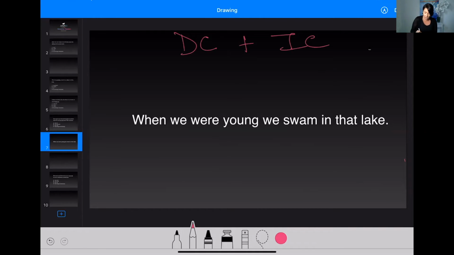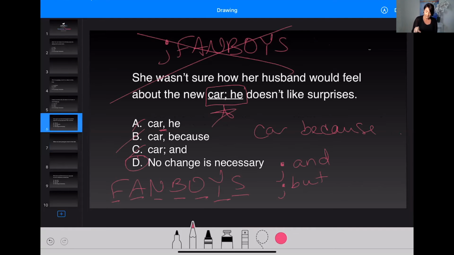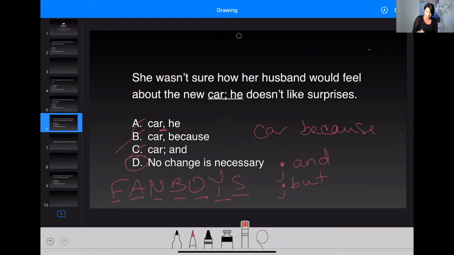Well, the independent clause is usually the thing that you can identify, and I really want you guys to pay attention to this when you're on the exam. Identifying the independent clause will help you identify correct answers, because if I knew that both sides of this sentence are independent clauses by themselves, then I know what punctuation to use.